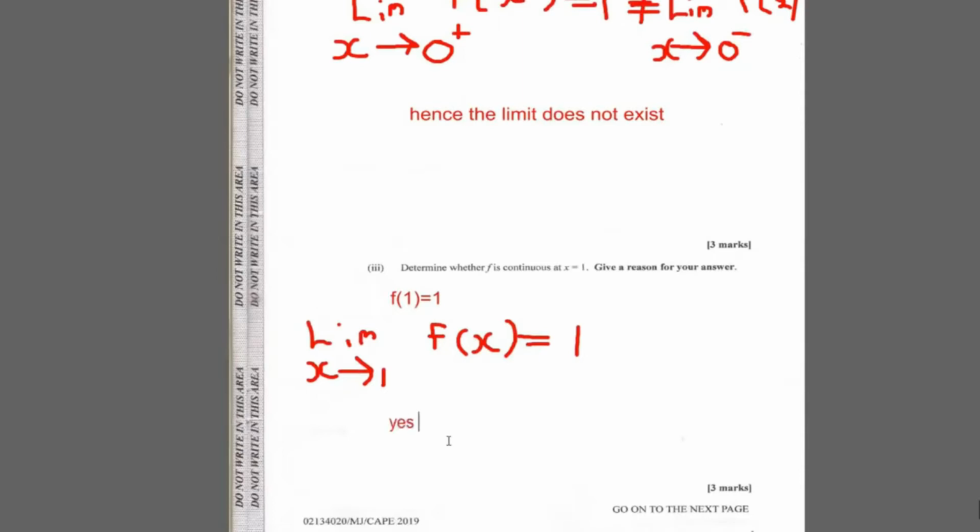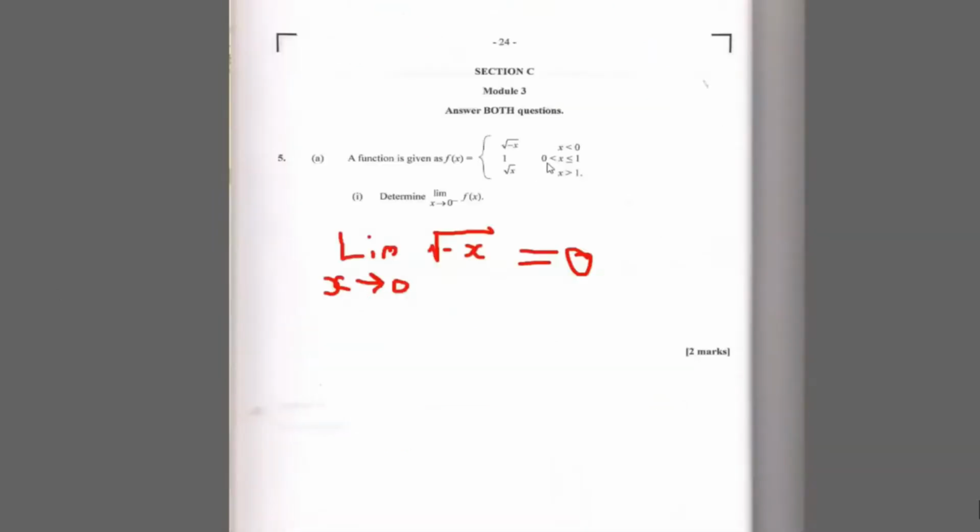So yes, f is continuous at x equal 1 since the limit is equal to f of 1. Nice. So it is continuous at x equal 1.